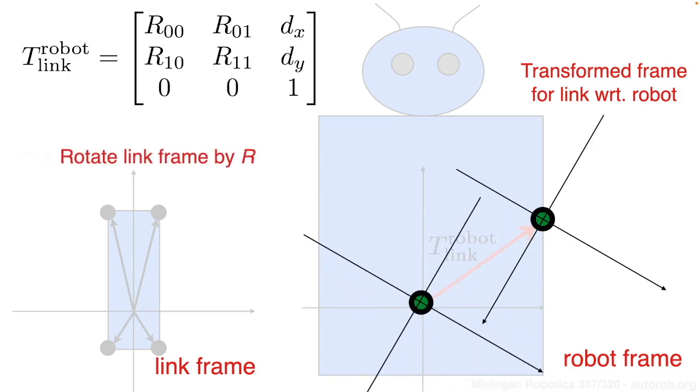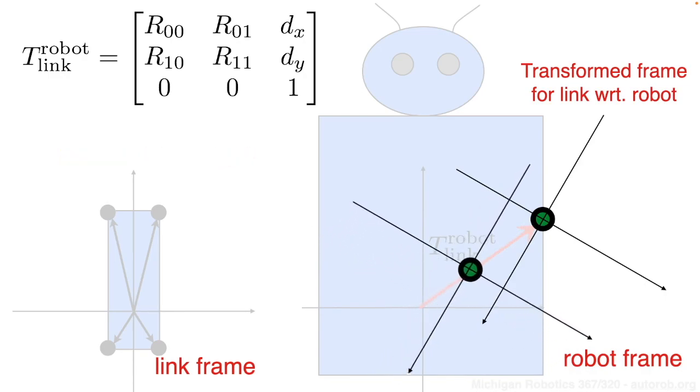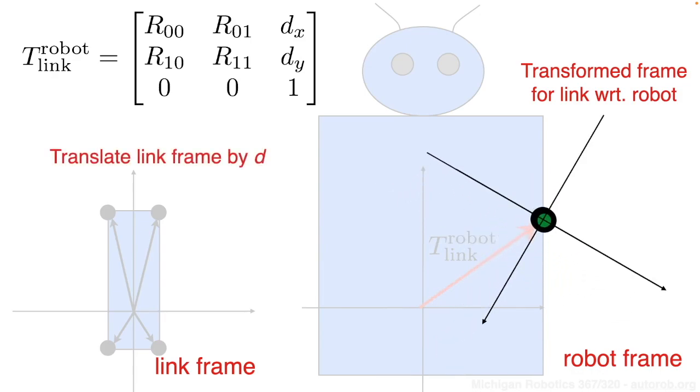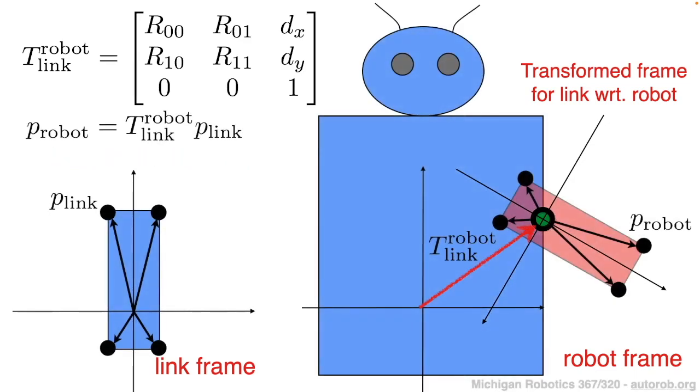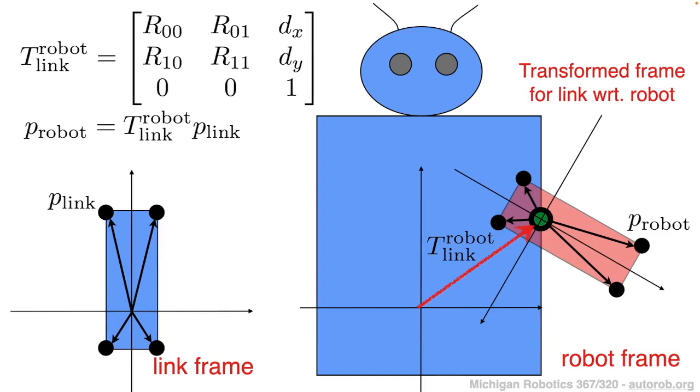We then rotate our link frame with respect to our robot frame by our rotation matrix R, which we'll calculate. And then we translate that link frame with respect to the robot frame according to our translation components described by the vector D. At that point, we will have created the transformation matrix that we need in order to calculate where the vertices of the link are in the frame of reference of the robot.